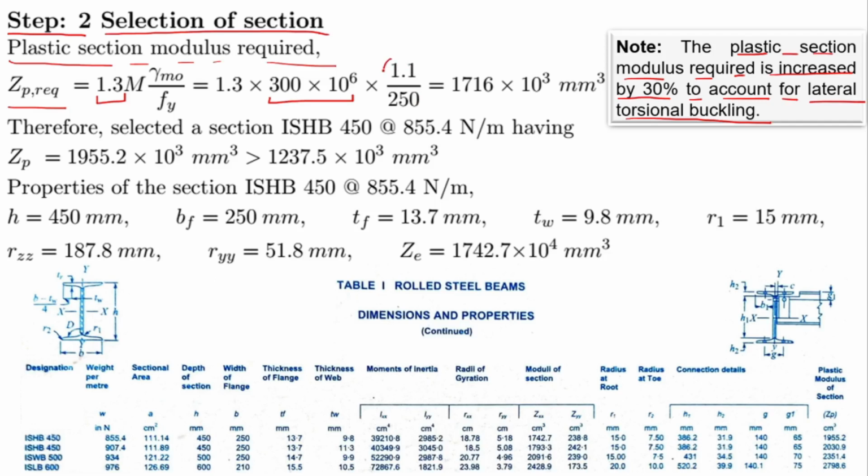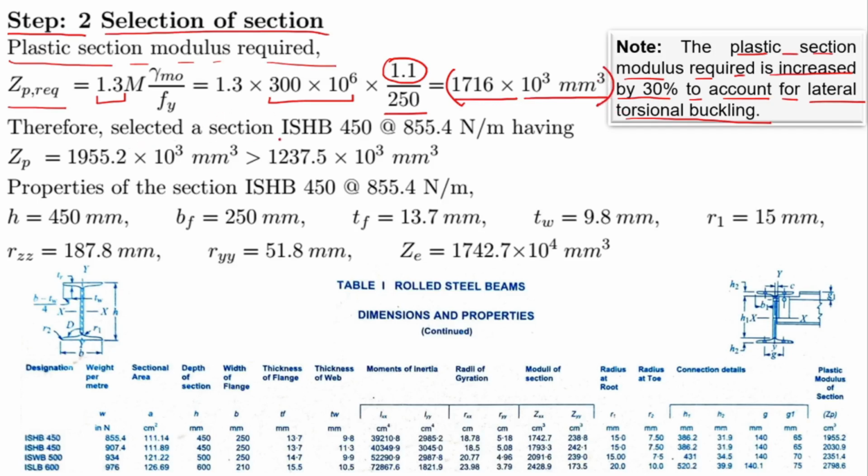And then gamma m0 is 1.1 and yield stress Fy is 250. So the plastic section modulus required is calculated as 1716 into 10 cube mm cube. Therefore we have to choose a beam section in such a way that its plastic section modulus is greater than the required value.